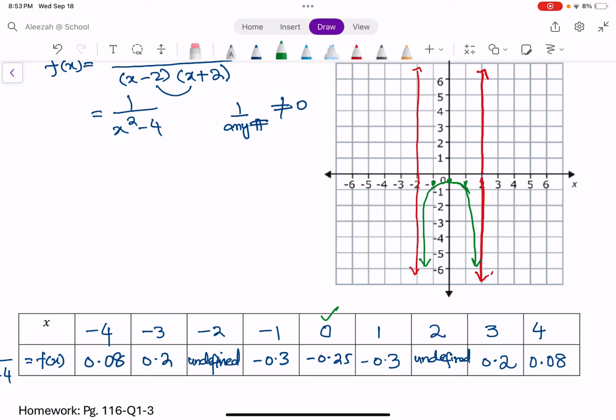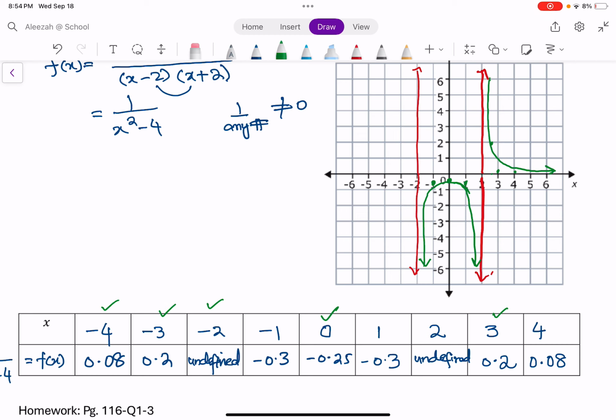Okay, now I have to graph at the right of 2 and the left of 2. So at 2, I have an asymptote. If I look at 3, my y value is 0.2, which is here. At 4, it's closer to the x-axis. If I take a point here, my y value can be here, right? So the graph will be here. Similarly, if I use negative 2, negative 3, negative 4 and graph it, I will get the points here.